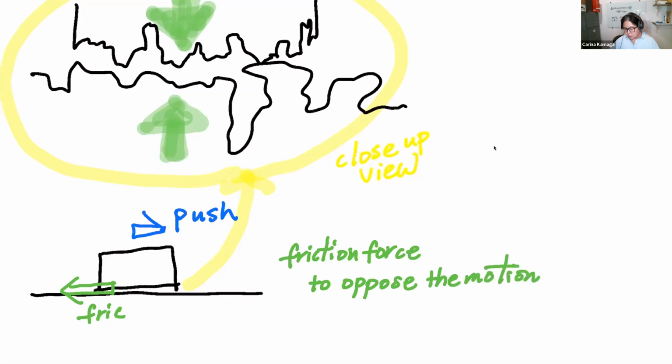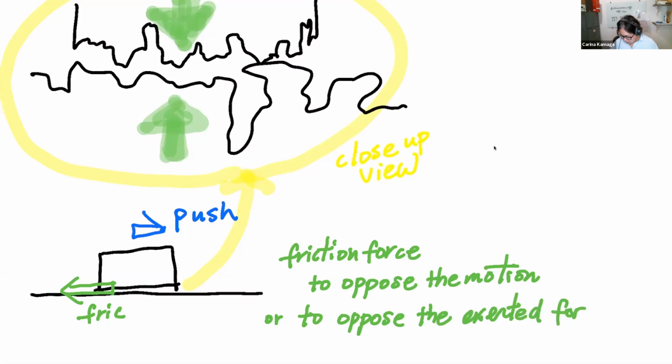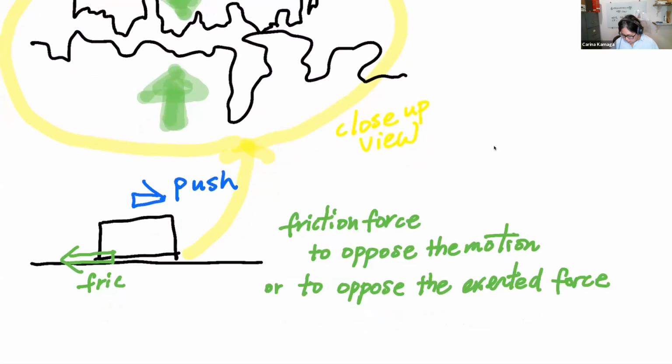There might be a friction force when the object is in motion and in contact with the solid surface, or to oppose the exerted force. You could have a friction force even when you're not moving, opposing the exerting force. The friction force is a contact force, and it is parallel to the surface.